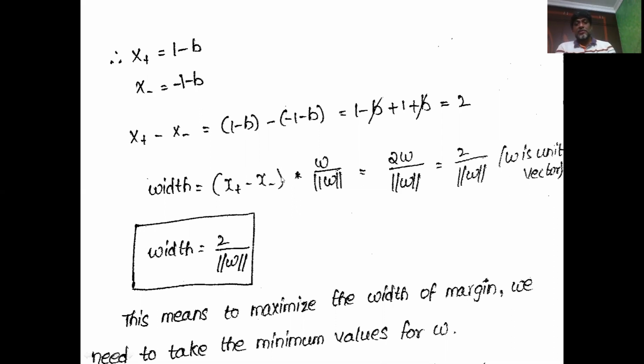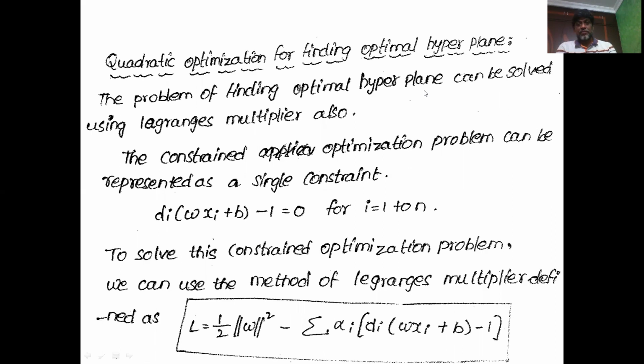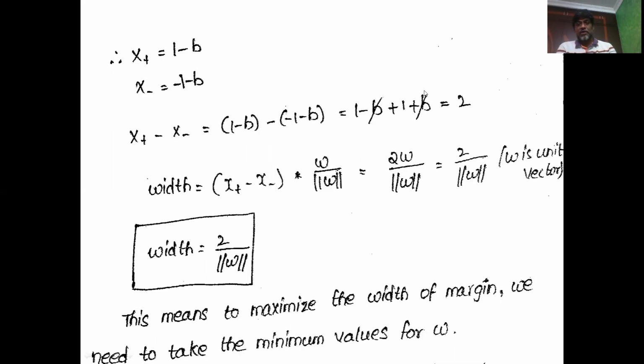We got x plus minus x minus as 2, so this becomes 2 into w by mod w, and w is a unit vector, so we can substitute 1 for this. So finally, we get the width as 2 by mod w. That is the formula for calculating the width between the positive hyperplane and the negative hyperplane.